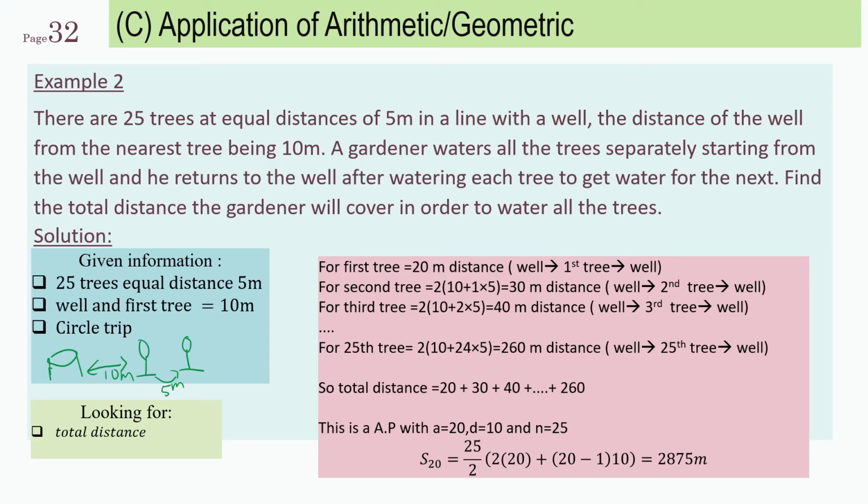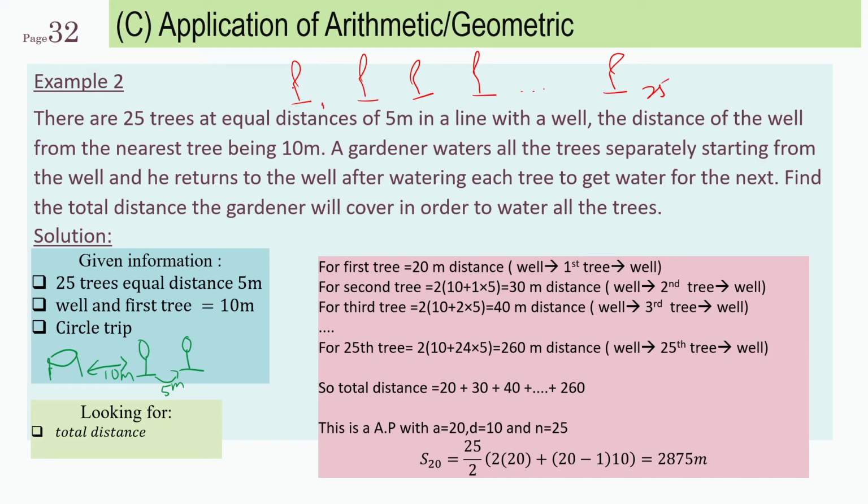Then example 2, there are 25 trees at equal distance. First tree, second tree, third tree, fourth tree, and then you have until the last one is the 25th.